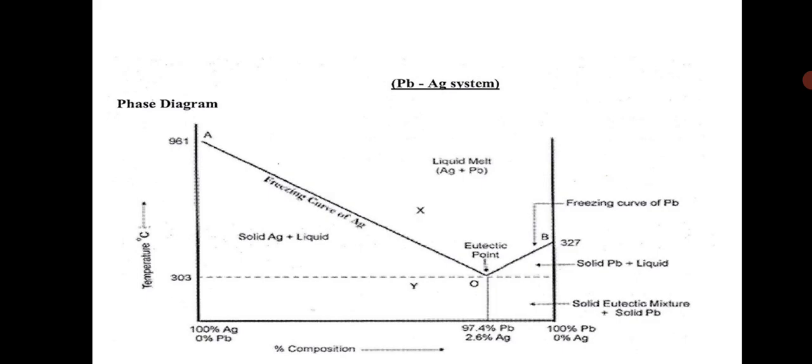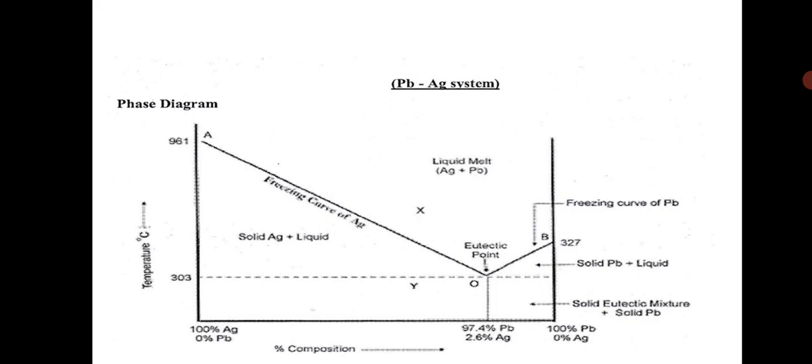The curve AO shows the melting point depression of silver by the successive addition of lead. Therefore, along the curve AO, two phases exist. One is solid silver and another one is a melt. Therefore, the number of phases in curve AO is 2, components is 2. Therefore, degree of freedom F dash is equal to C minus P plus 1. Therefore, F dash is equal to 1, univariant.